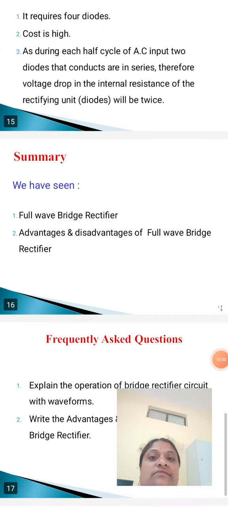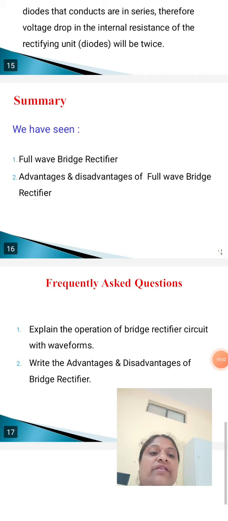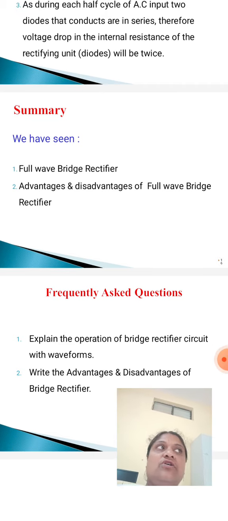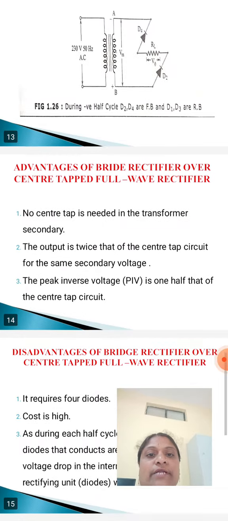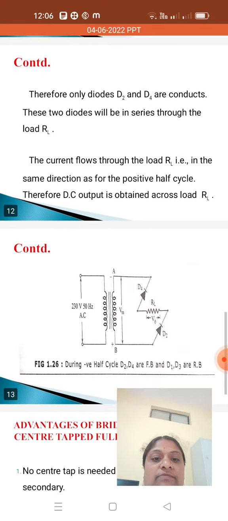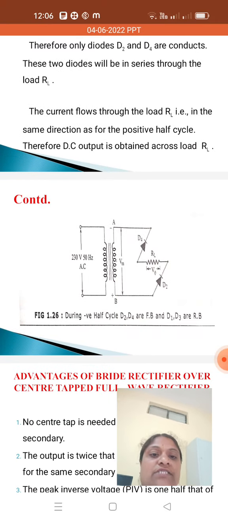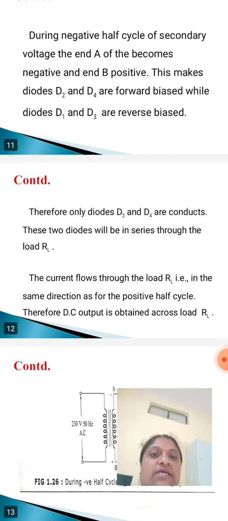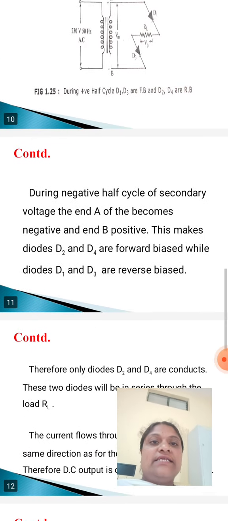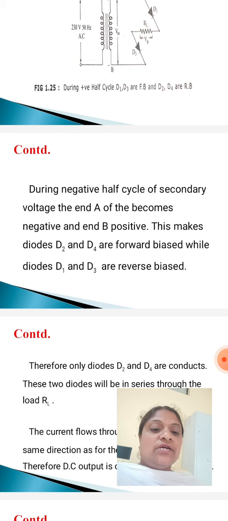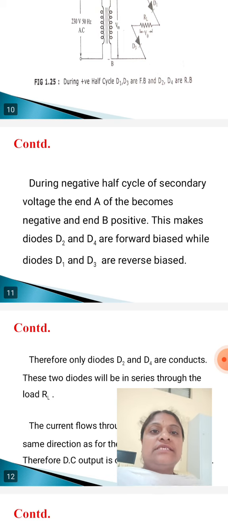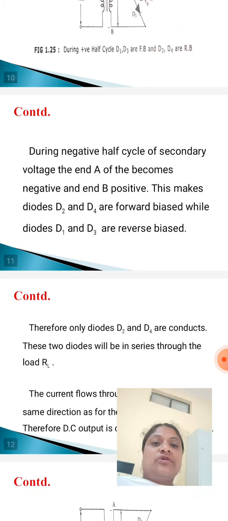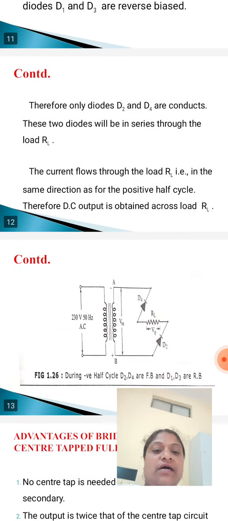This operation is a very important operation. See and observe. You can draw this circuit also with D2, D4 here, and D1, D3 here, in short circuit also. Here it appears as diodes, but this circuit may be drawn as a short circuit also.